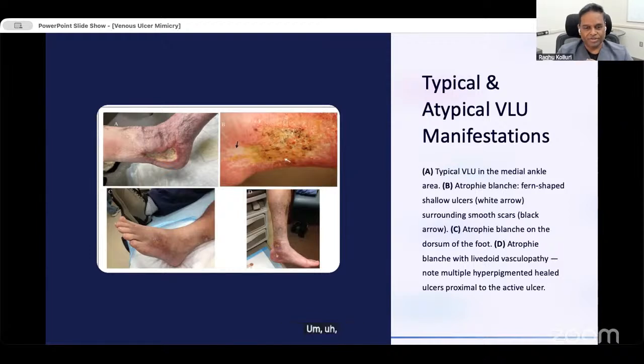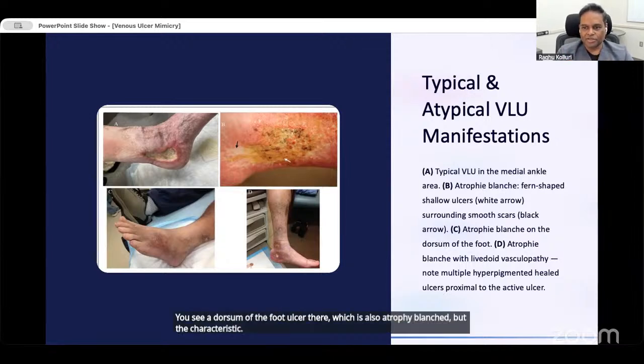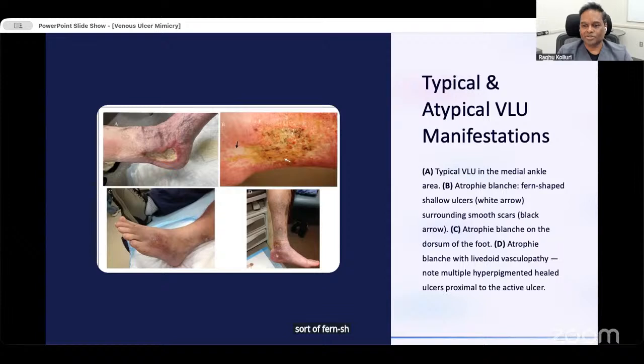Figure D is one of Dr. Dean's and my common patients, with livedoid vasculopathy leading to atrophie blanche ulcers, who's on maintenance sclerotherapy where they keep coming, and then we do sub-ulcer sclerotherapy. You see a dorsum of the foot ulcer there, which is also atrophie blanche, but the characteristic fern-shaped shallow ulcers in a marble textured area are atrophie blanche ulcers.